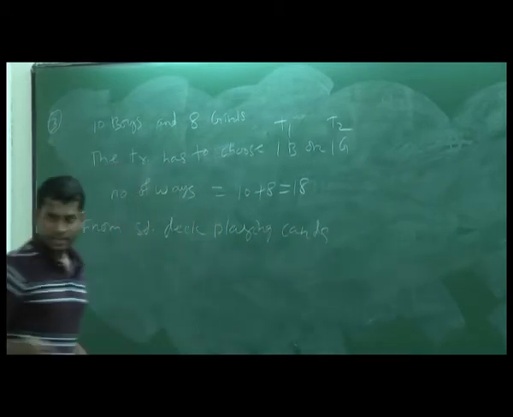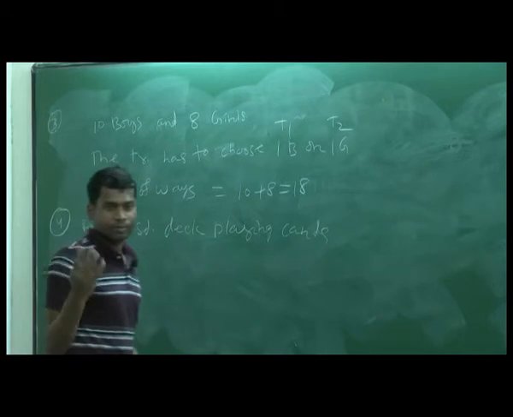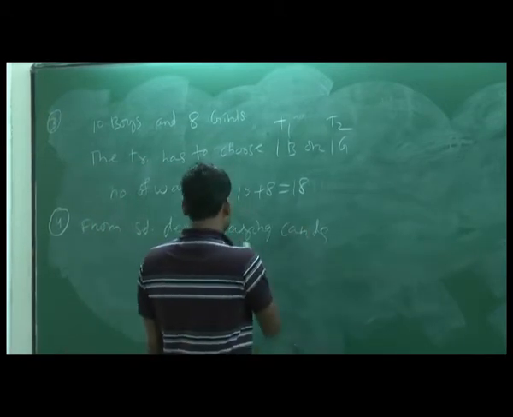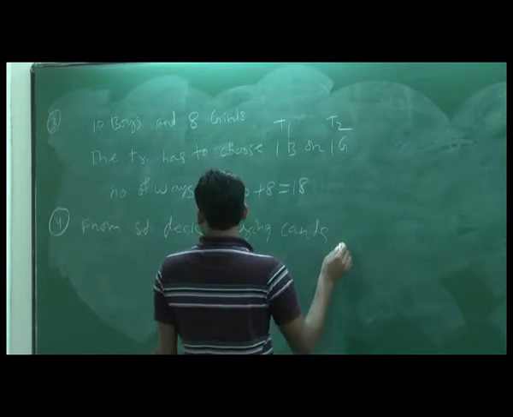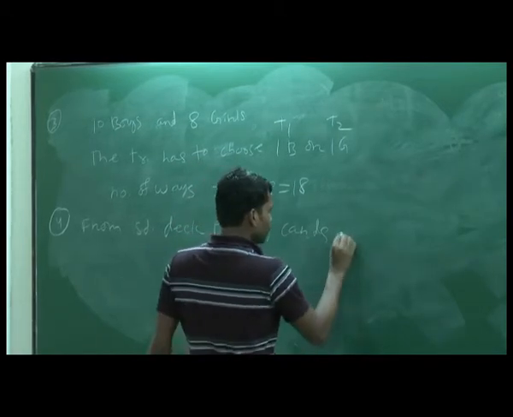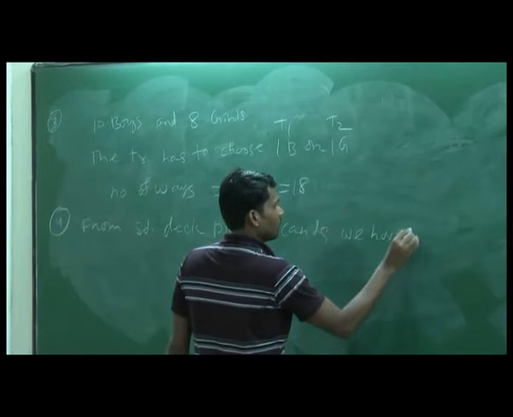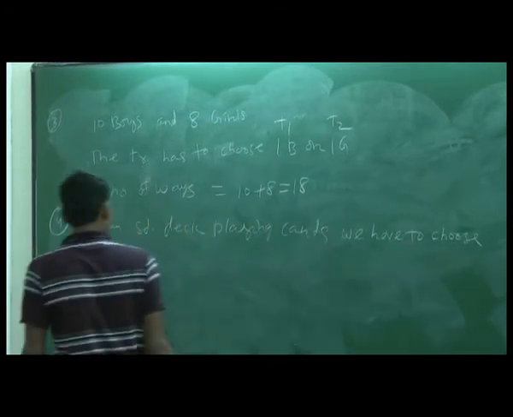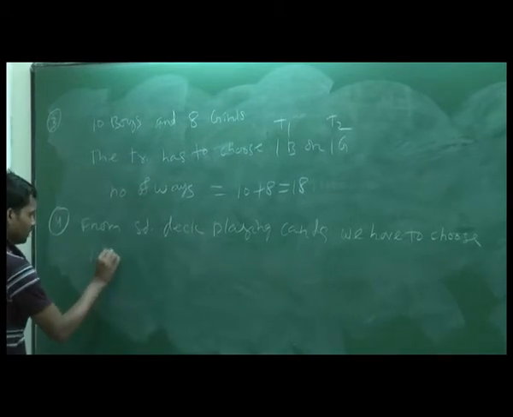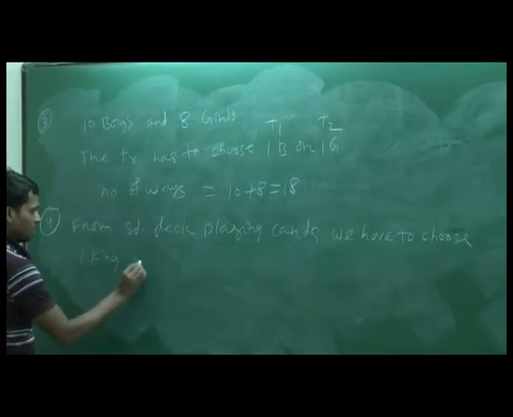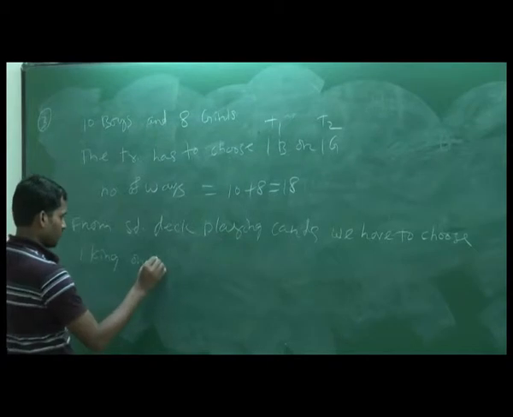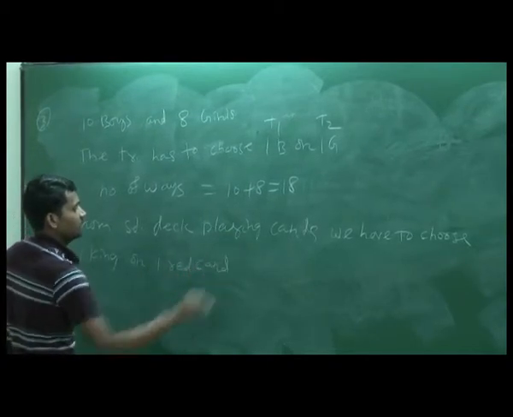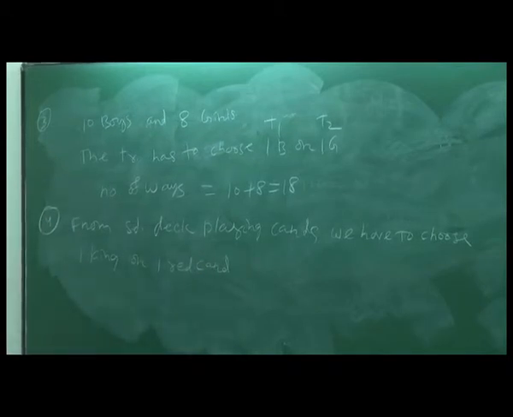Standard means it has 52 cards and 4 suits, and each has 13 numbers. From a standard deck of playing cards, we have to choose one king or one red card, right? So how many ways can we do this?